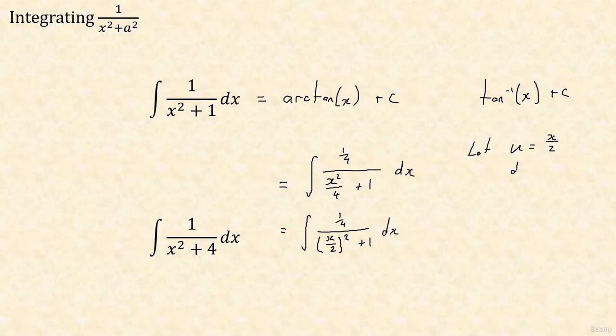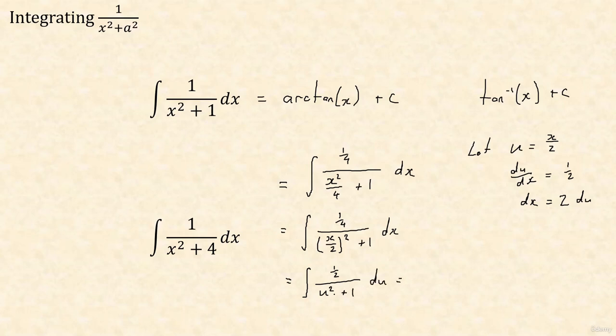So when I do that, I get du by dx equals a half, which means that dx, if we rearrange, equals 2 du. So subbing all of that in, 2 times a quarter is a half, and I just get the half over u squared plus 1 du.